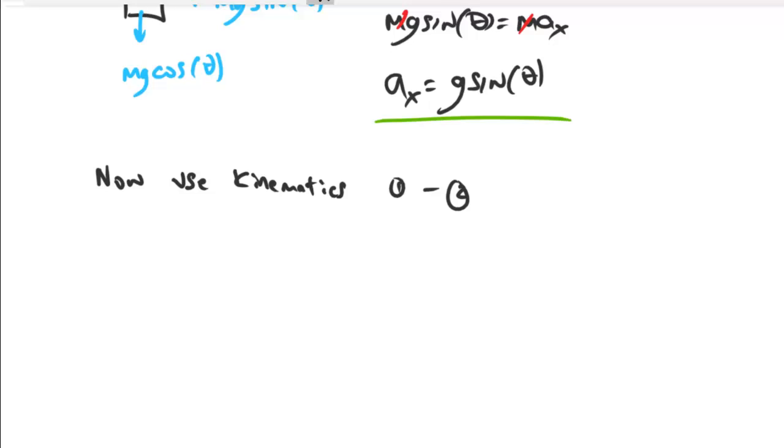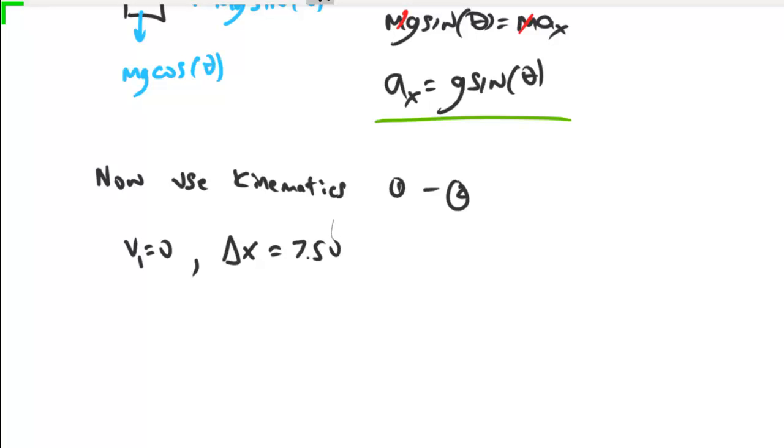When we're using the kinematics, we extract some of the given information first, right? So we know that v1 is equal to 0. We know that delta x is equal to 7.5 meters. So it slides 7.5 meters down that incline.